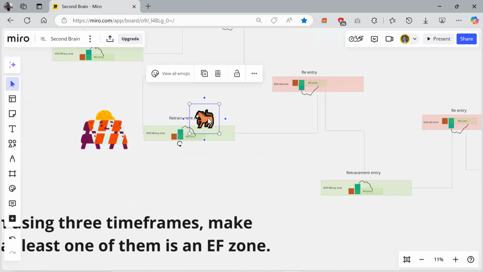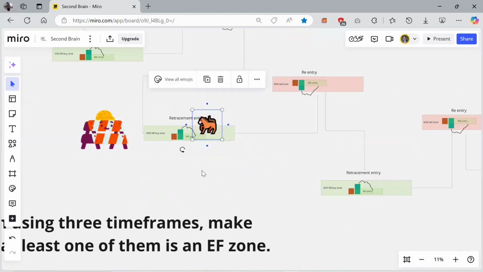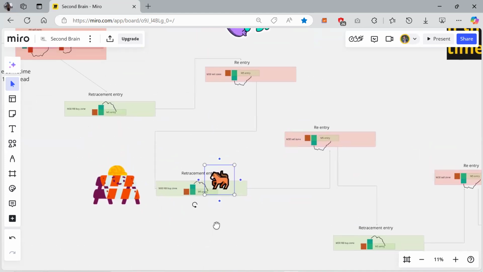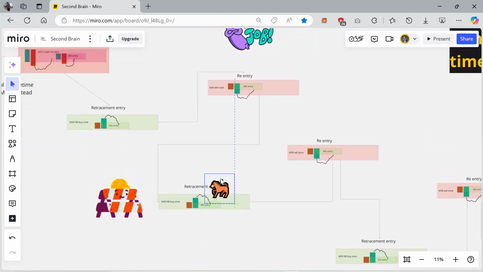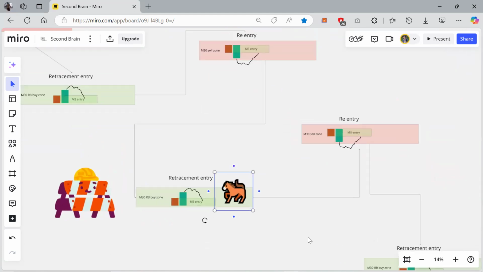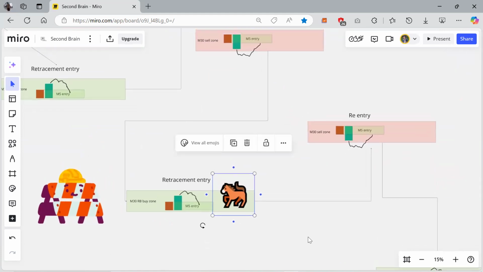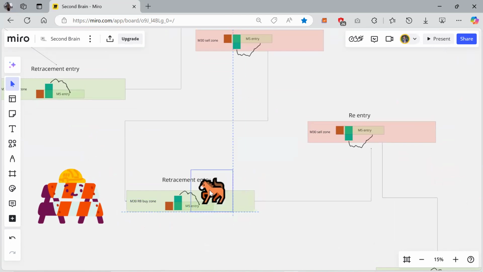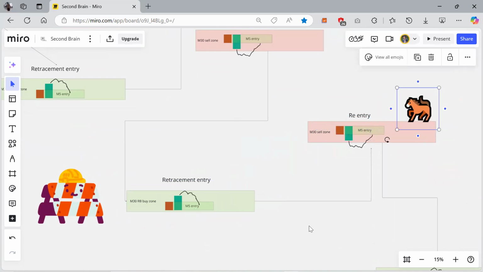So it will just go more, it will sell more. But there again, we can wait to see if we get a buy setup. If we get a buy setup, we can take it. Okay. We can take it again, a short trade till the next sell zone, M30 sell zone.